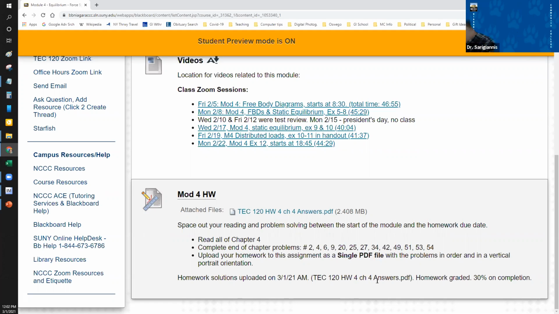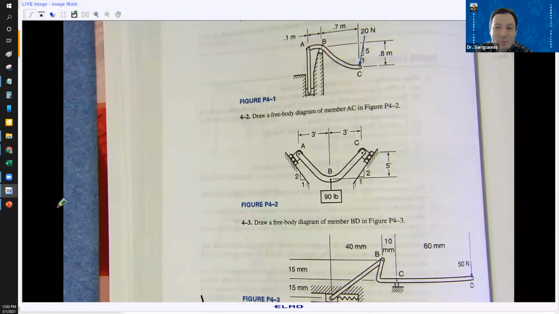But we need to review this again because free body diagrams are important for setting up and solving a problem. And I just want to go through some of the answers here because I want you to see what is missing. And so let's look first at the textbook.